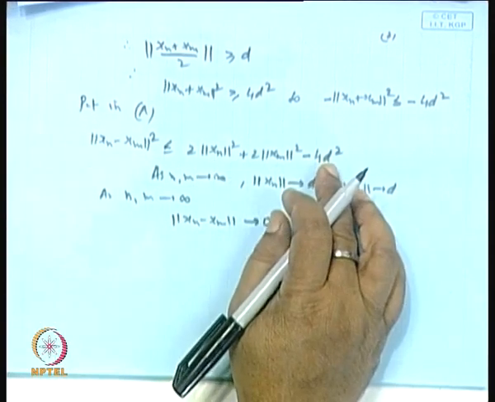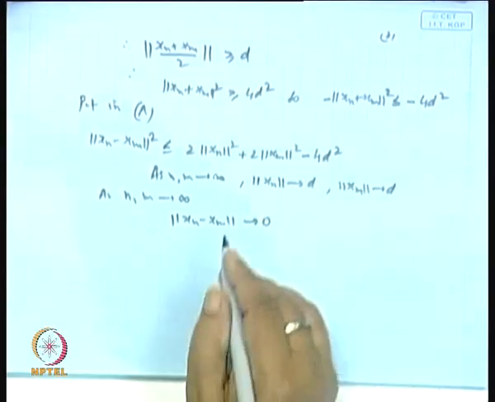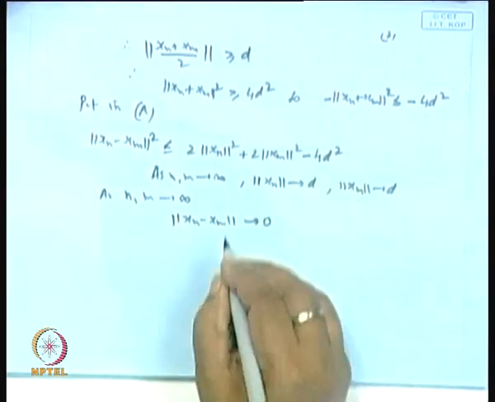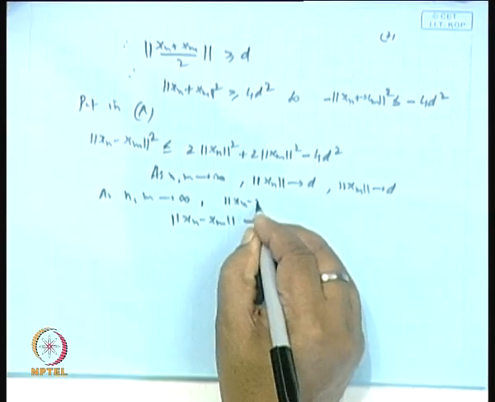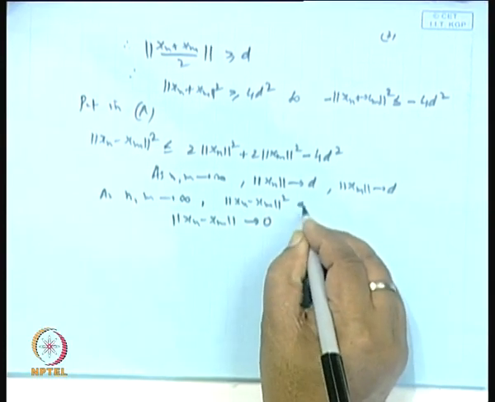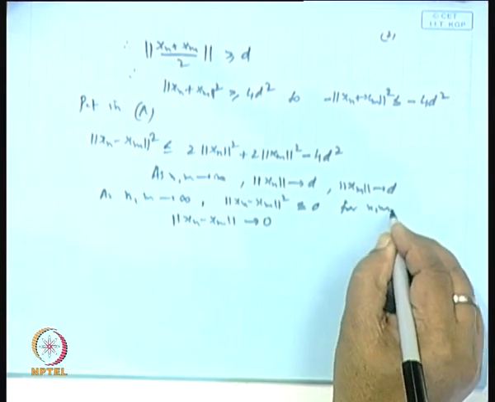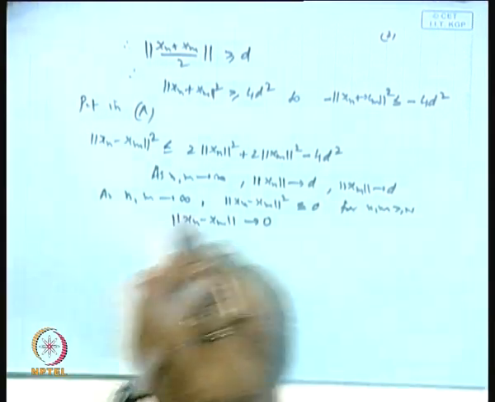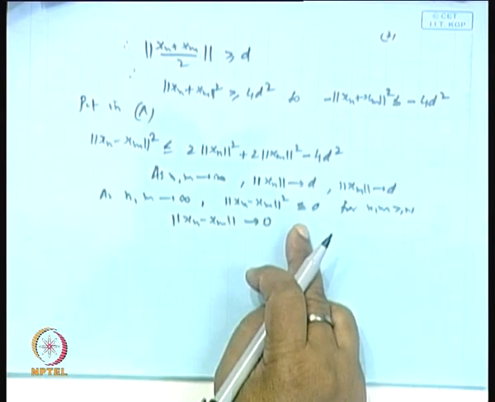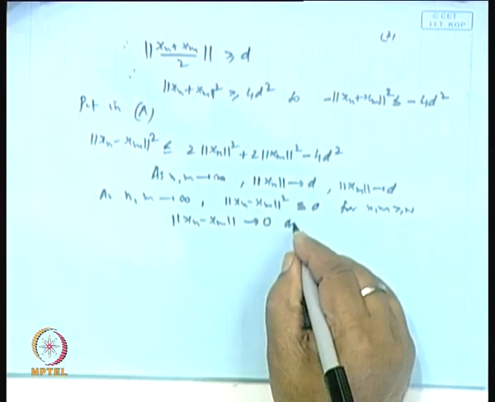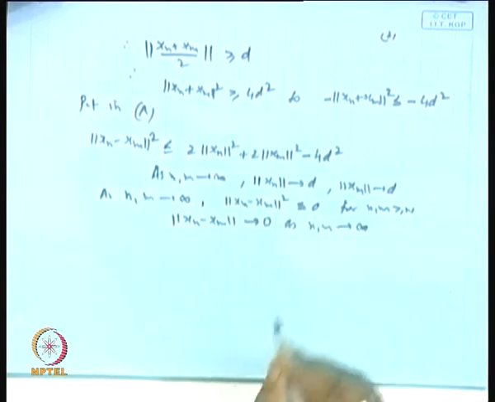In fact, this will be less than or equal to 0. So, norm of x_n minus x_m whole square is less than or equal to 0 for n, m greater than or equal to capital N, and it was also greater than or equal to 0. So, basically it tends to 0 as n, m go to infinity.